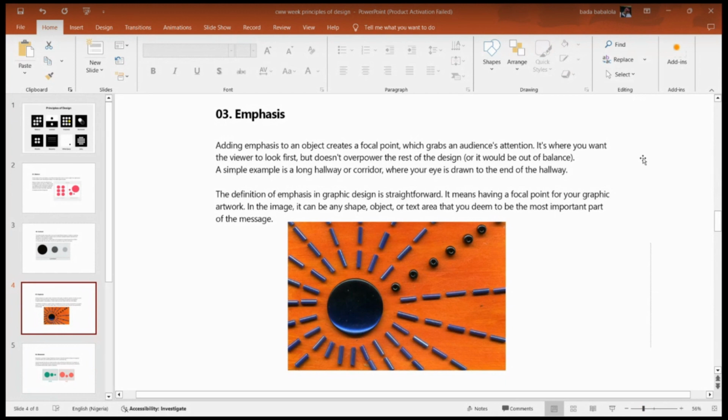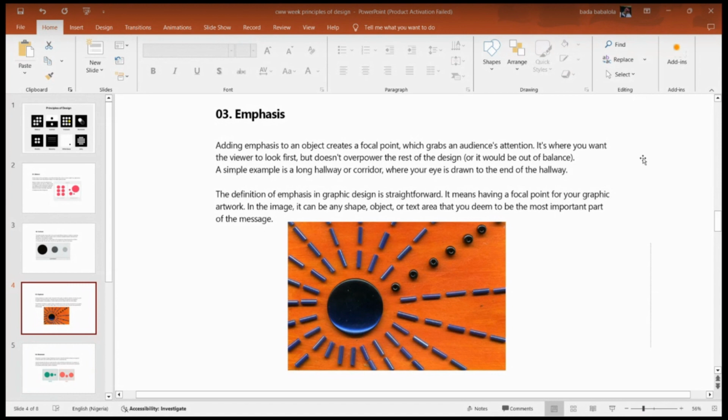Emphasis needs to grab your attention. It's like the spark of the design, something that just grabs your attention that you just love. You can't explain it, but you just love it. So the designer has been able to grab your attention, and there is no way you are not going to want to read other details on that design.